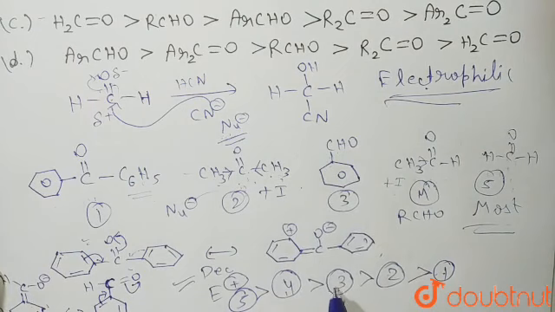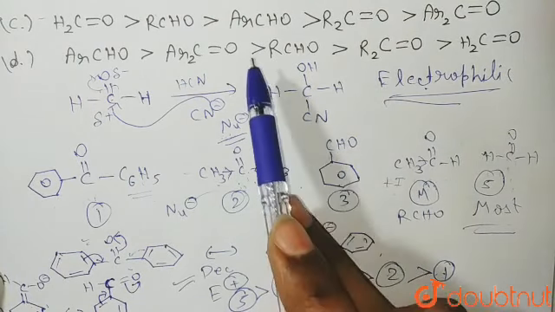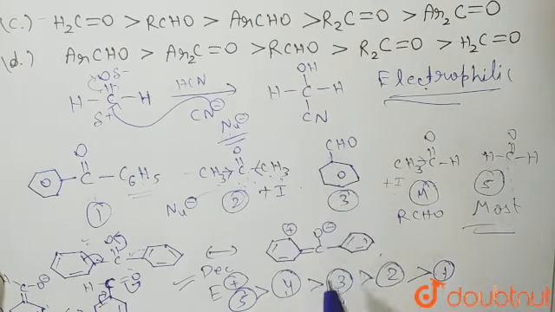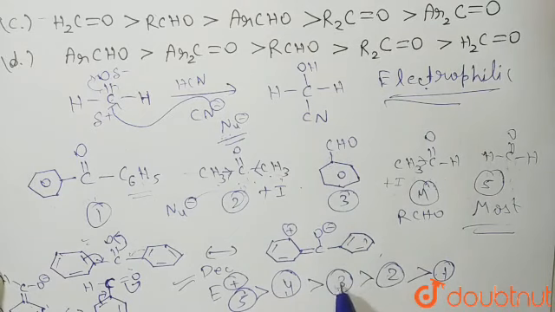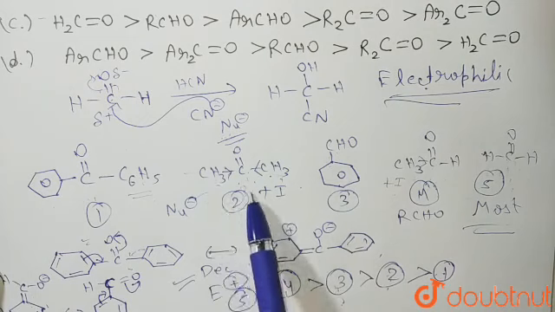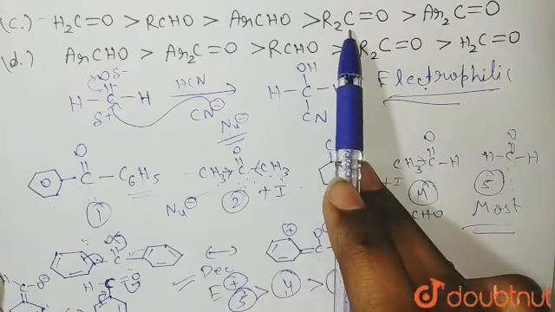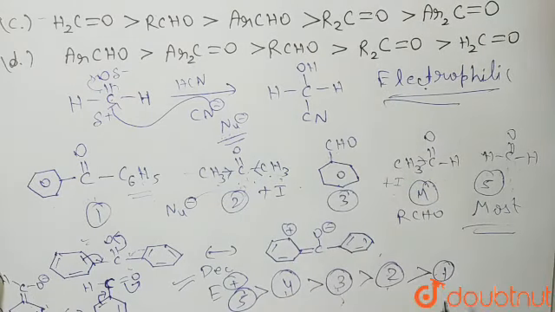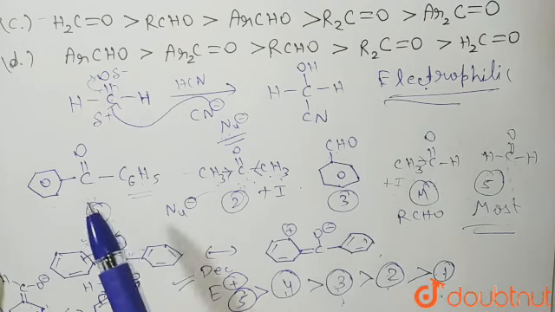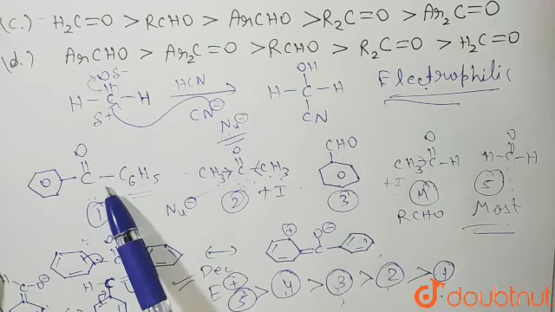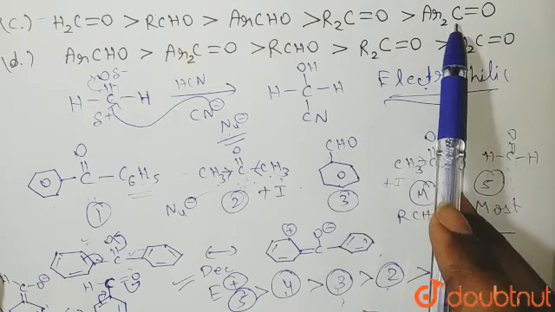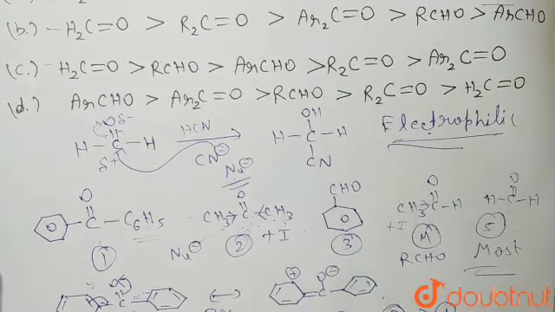Third one, after this, is benzaldehyde, that is ArCHO. So this is also ArCHO. This is correct. Then after this, we have second. What is second? Second is acetone, R2CO. So after that, R2CO is there. That's also correct. And first, that is Ar2CO. So that is also correct. That is at the end. So thus your option C is the correct answer.